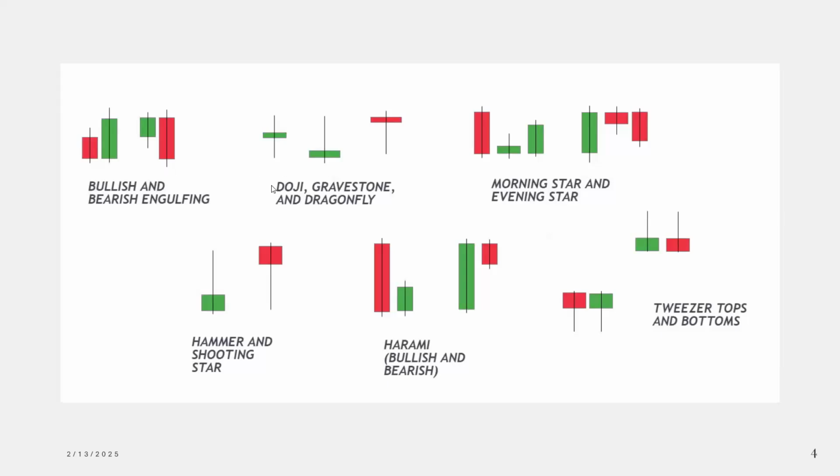Now, this is the doji candlestick. All of them are doji candlesticks, but just different kinds of doji candlestick. For a doji candlestick, you don't need to pay attention to the color of the body of the candlestick. It can be any color. Okay, let's start with this one.